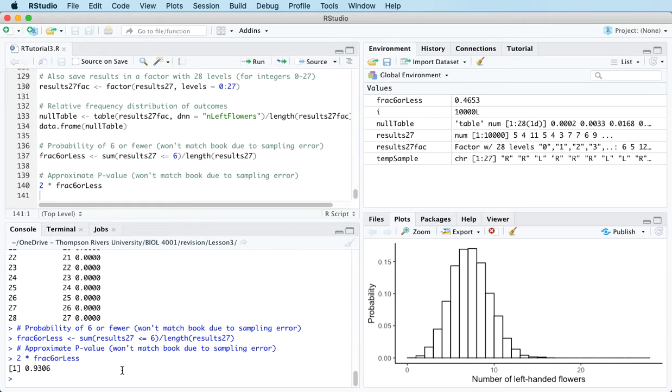If that was the case, by saying that we reject the null hypothesis, we would have made a mistake. That's called a type 1 error. So a type 1 error is incorrectly rejecting a true null hypothesis.